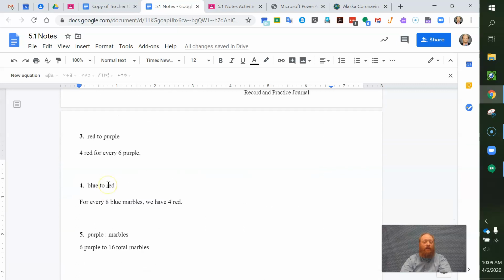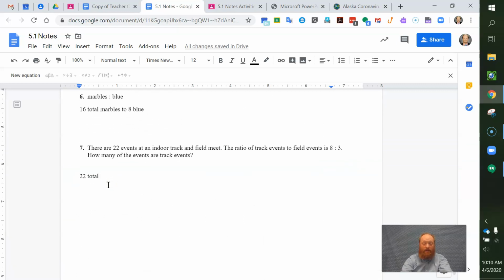Okay, so we have 22 total events, and we have 8 track for every 3 field. All right, so track plus field is 8 plus 3, which means we have 11 events.